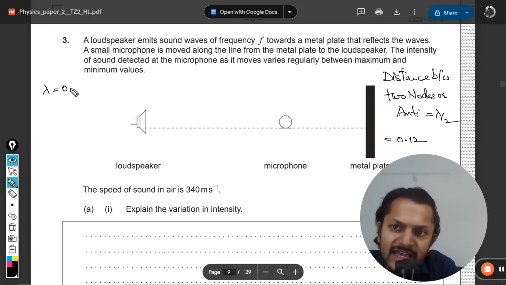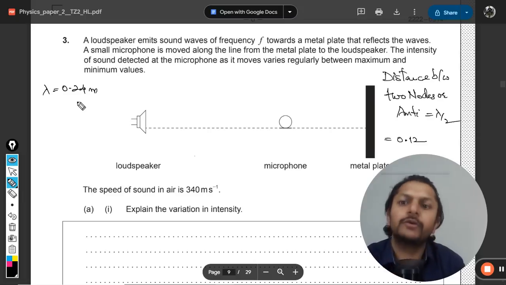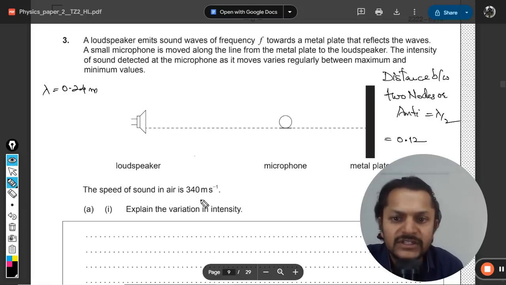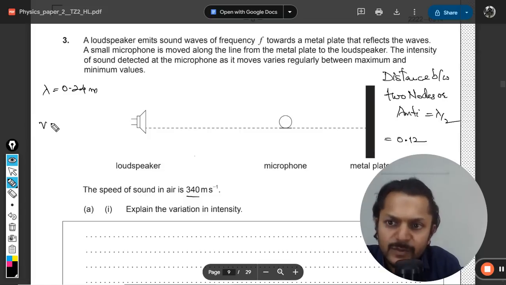Accordingly, the wavelength can be found to be 0.24 meter, and you can find the frequency because the speed is given. So speed is equal to lambda into f.